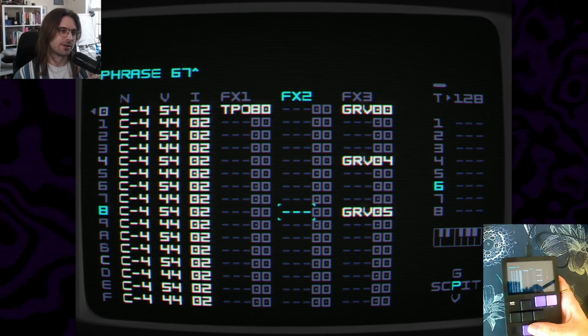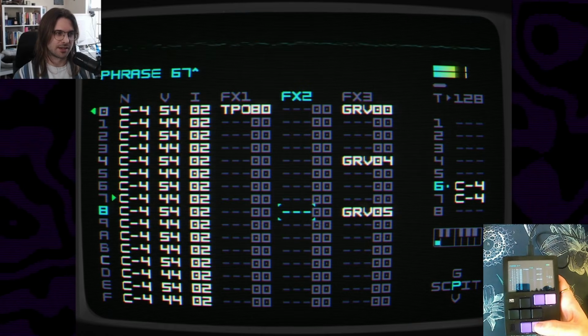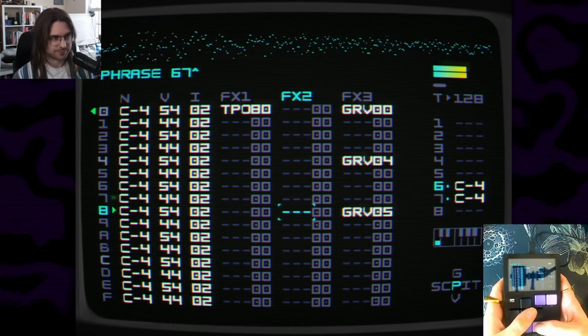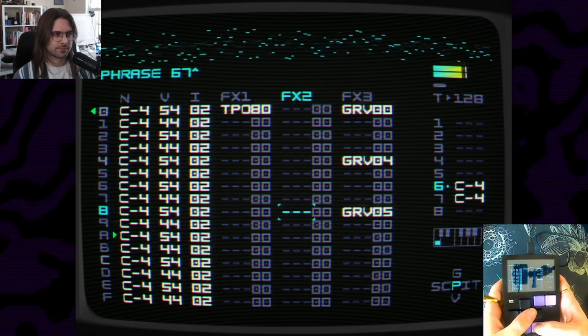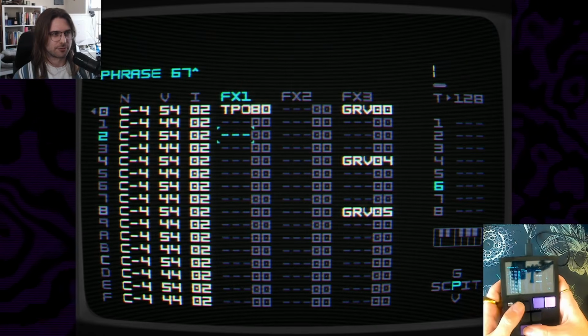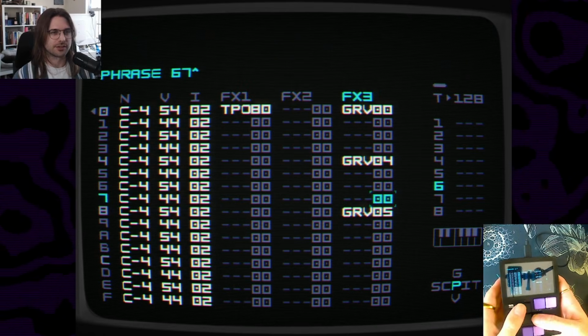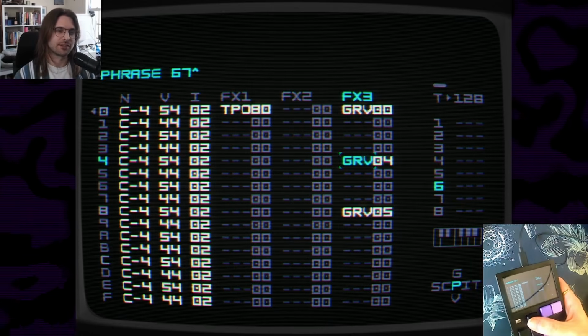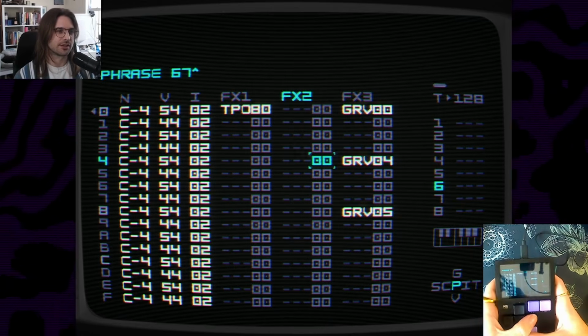But we're getting that all in 16 steps. We're just getting the phrase to move at different rates by injecting these different grooves as the thing goes on.